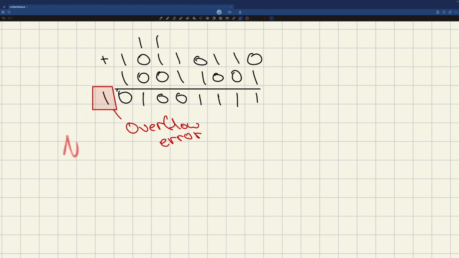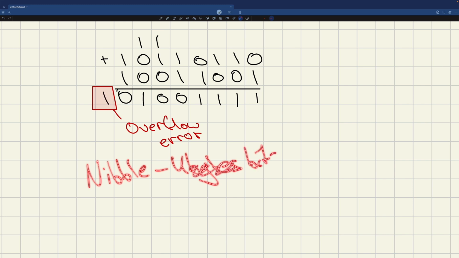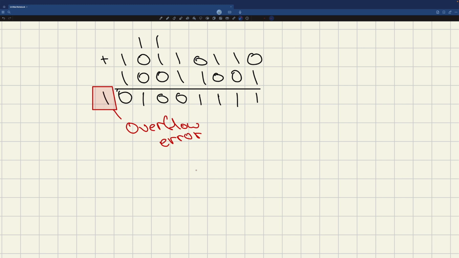Once again, I'll remind you, a nibble is 4 bits. Oh my god, 4 bits. A byte is 8 bits, and a kilobyte is 1024 bytes. Okay, so that's overflow error covered.